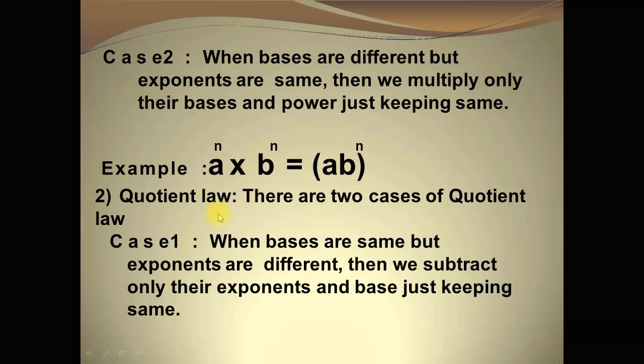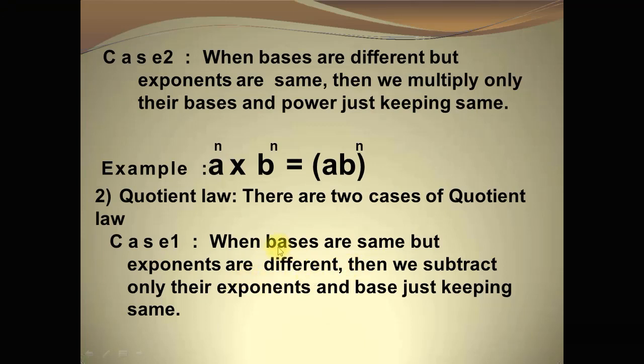Now the second law, which is called the quotient law. There are also two cases of quotient law. Case number one, when bases are the same but exponents are different.